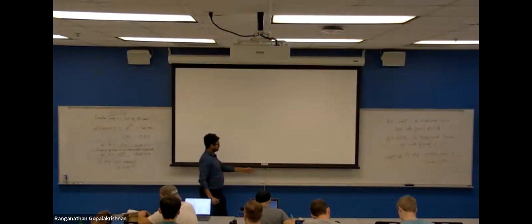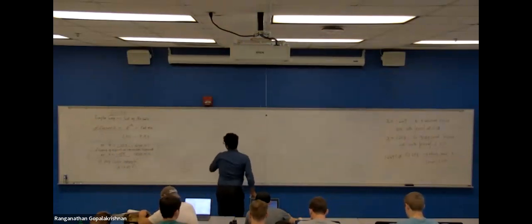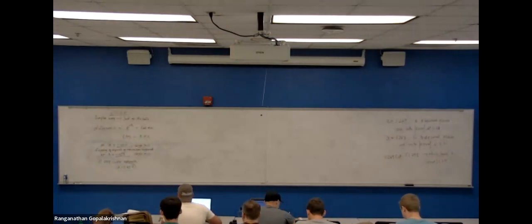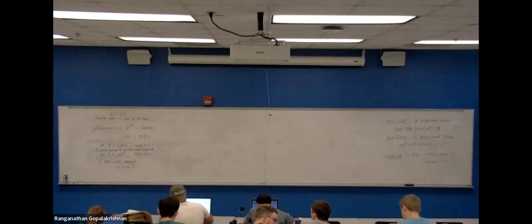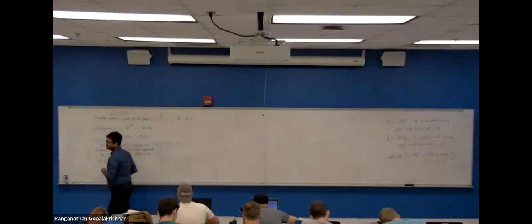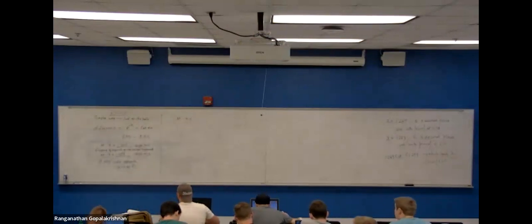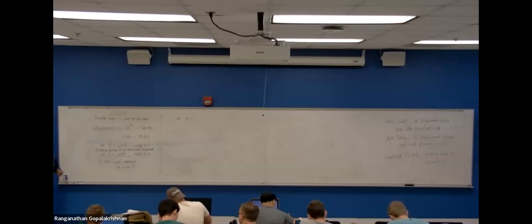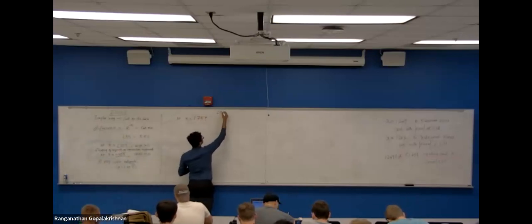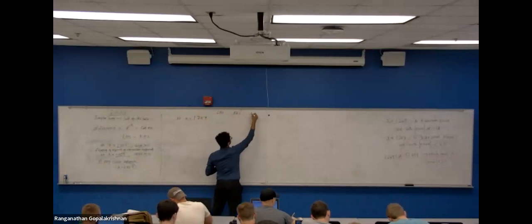I'll have the answer ready. Give you a starting point. The starting point, or starting guess, is x equals 1.759, the LHS RHS difference.